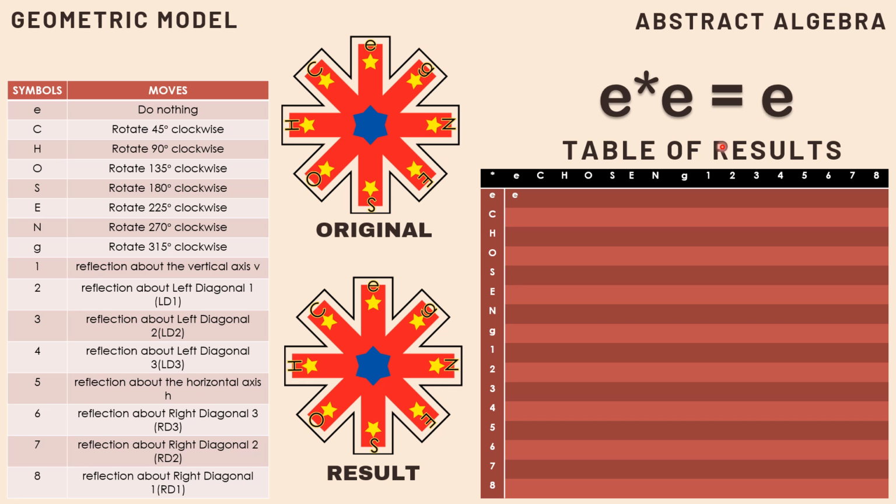So let's make a table under the binary operation star using the symbols from my geometric model.